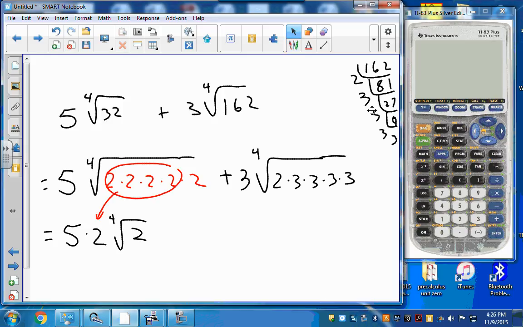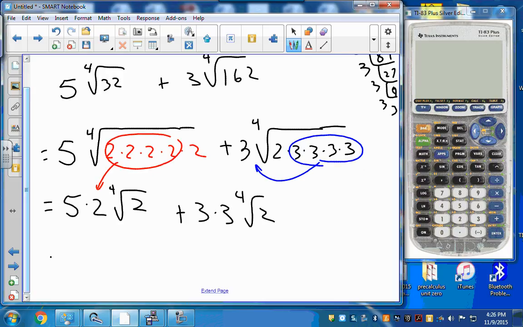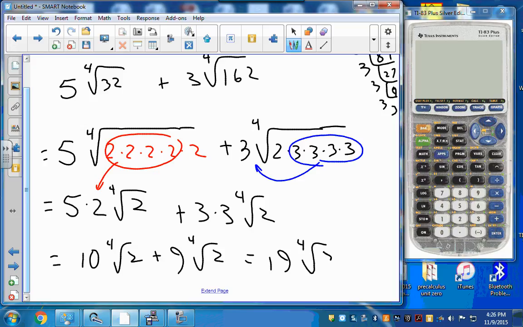And there's a group of 4. That's going to come out front. So this will be plus 3 times 3, 4th roots of 2. So now it goes pretty quickly. I've got 10 4th roots of 2 plus 9 4th roots of 2, 19 4th roots of 2. Done.